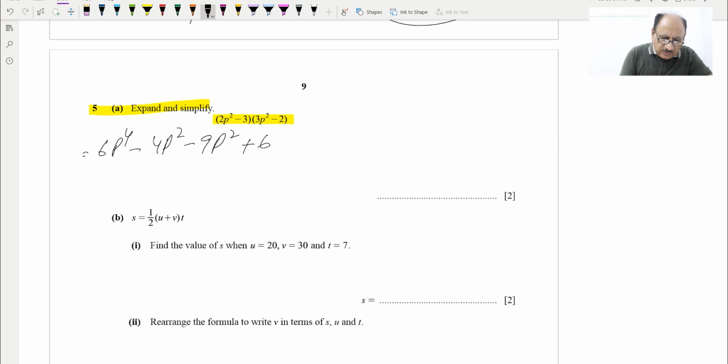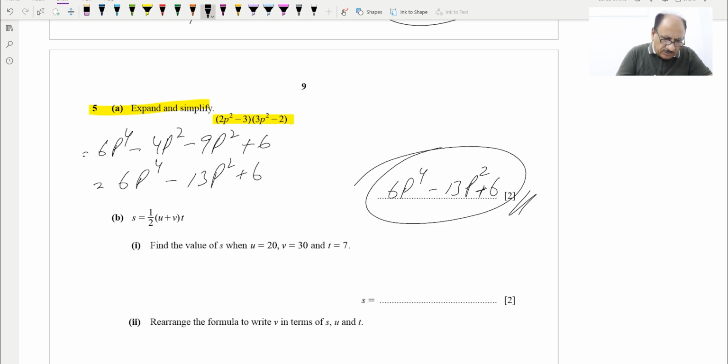Adding the like terms, this will be 6p to the 4 minus 13p squared plus 6, and we can write the answer at the proper location for 2 marks.